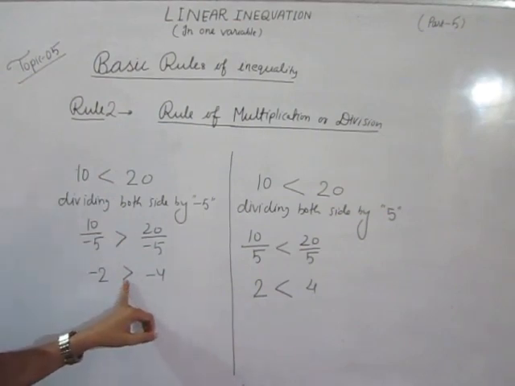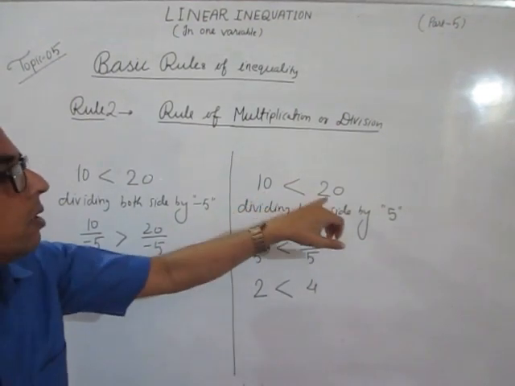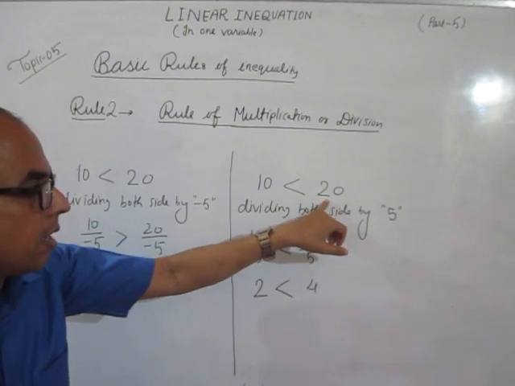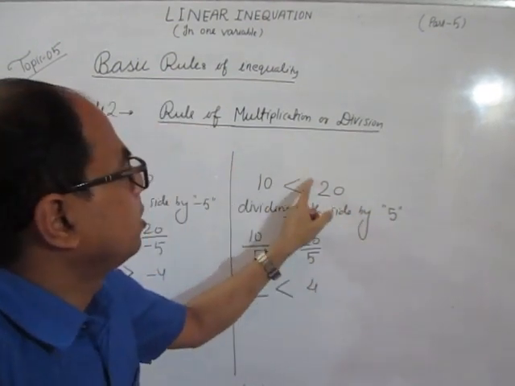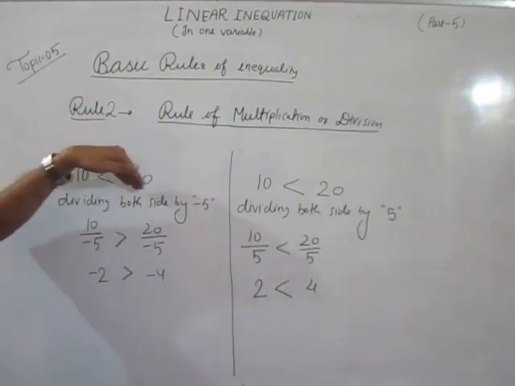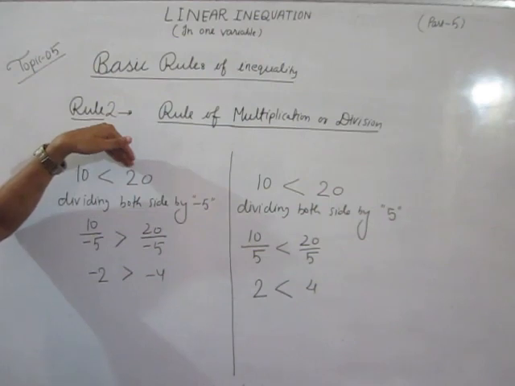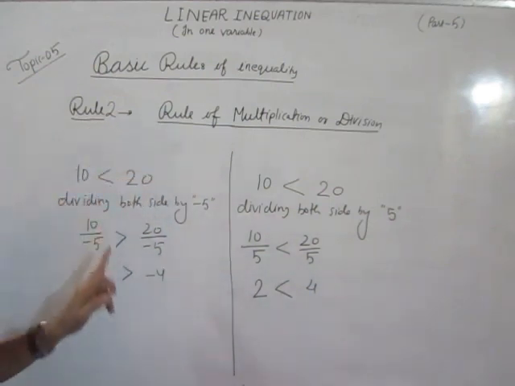So we can conclude that when both sides of an inequality are divided by the same positive number, then the sign of inequality remains the same. But when both sides of an inequality are divided by the same negative number, then the sign of inequality reverses.